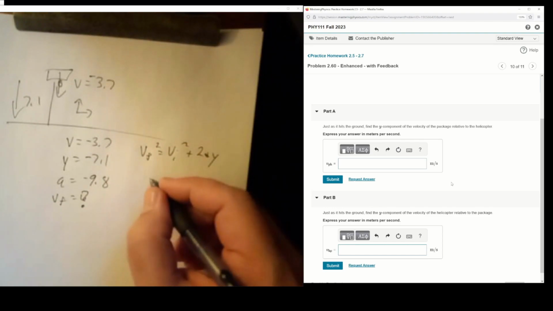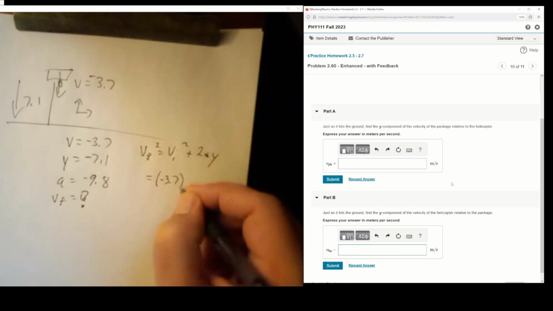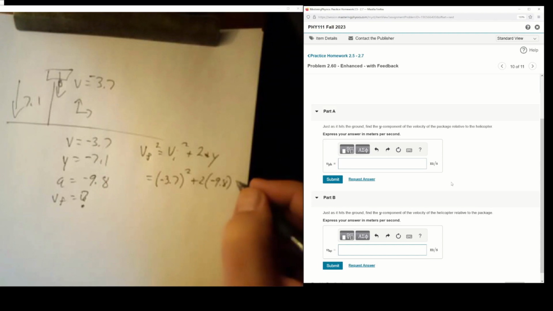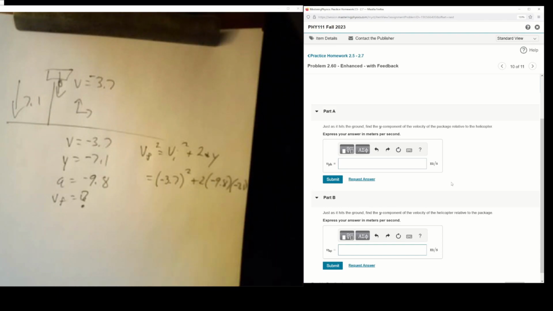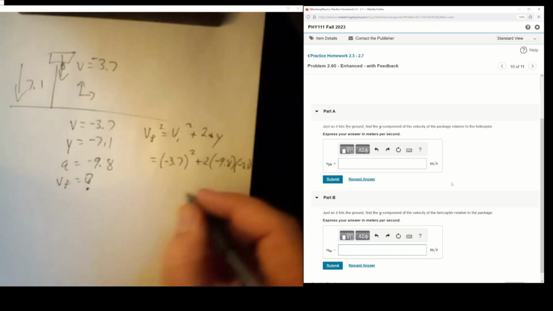Want to know the final velocity. That's a minus 7.1 I'm squeezing in there.